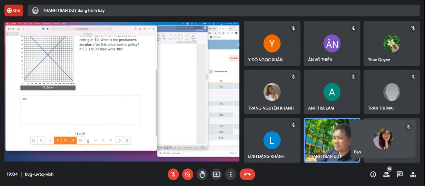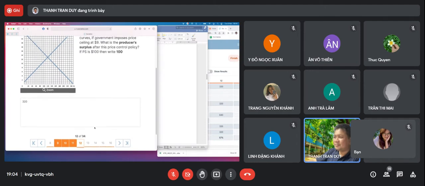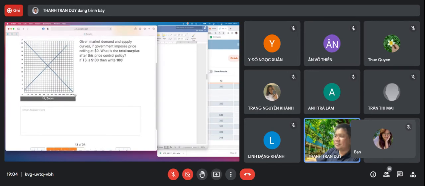Any questions so far? Now, when the government sets a price ceiling at 9, what is total surplus?